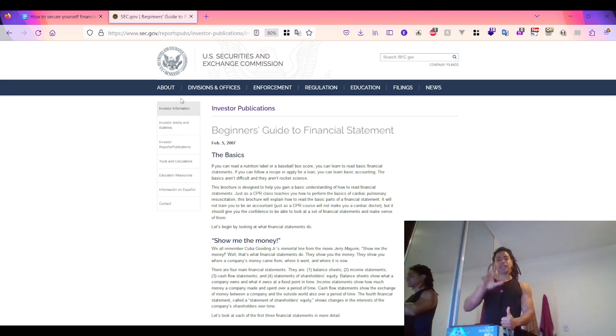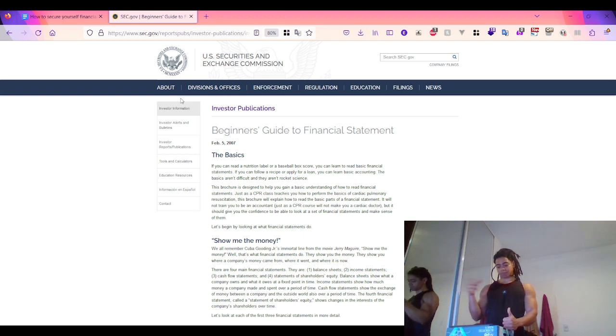The TLDR of the balance sheet is that it is a snapshot of the company's assets, liabilities, and shareholders' equity, where assets are anything that a company has of value, whether tangible or intangible, liabilities are obligations to pay, and the shareholders' equity is the leftover money if the company decides to sell off all of its assets and pay off all of its liabilities. The leftover money belongs to the shareholders.